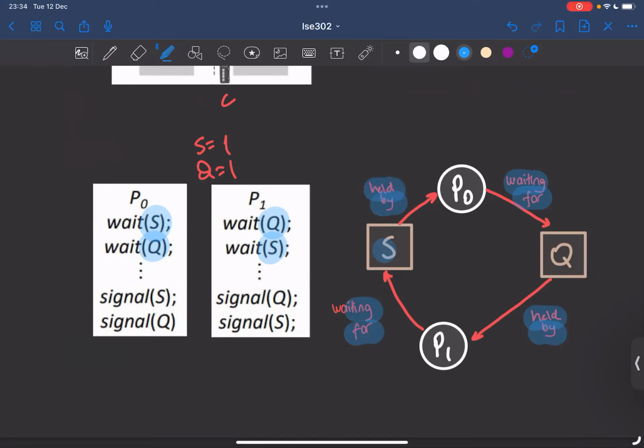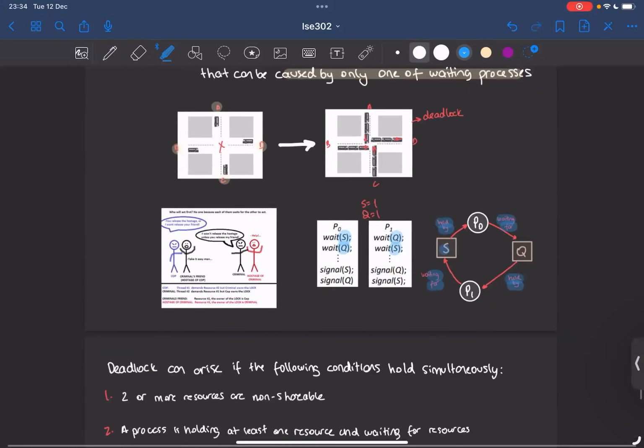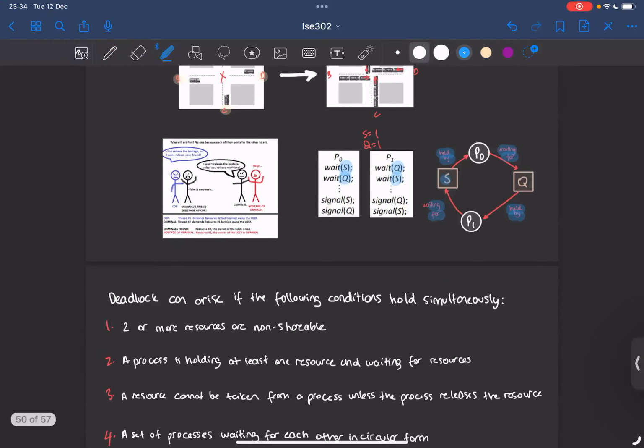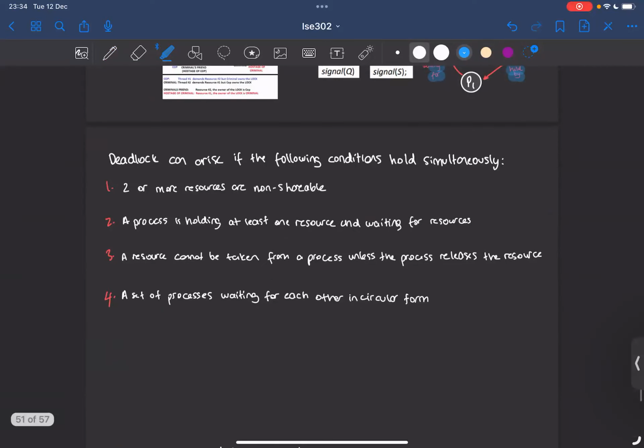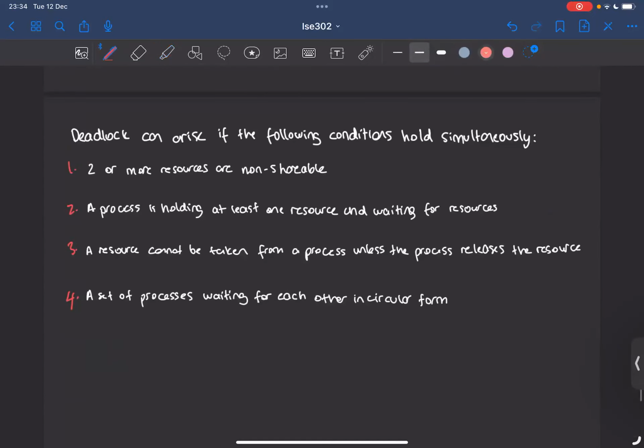So we can say that deadlock can arise if the following 4 conditions hold simultaneously. Let's see these conditions. Two or more resources are non-shareable, so only one process can use them at a time.